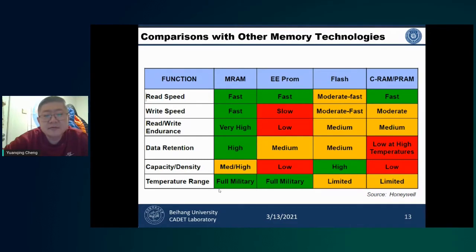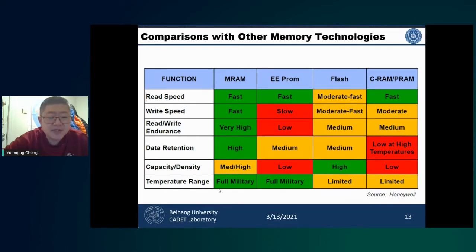Compared with other memory technologies like flash and phase change memory, MRAM has its own characteristics and also many unique advantages. For example, it has a faster read and write speed compared to flash memory and has very high read and write endurance.